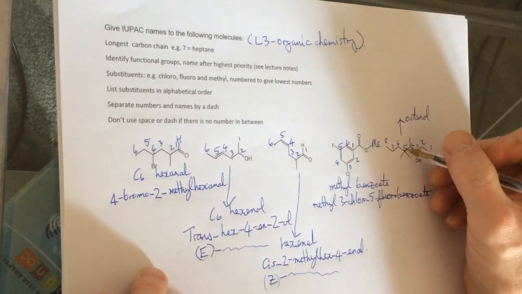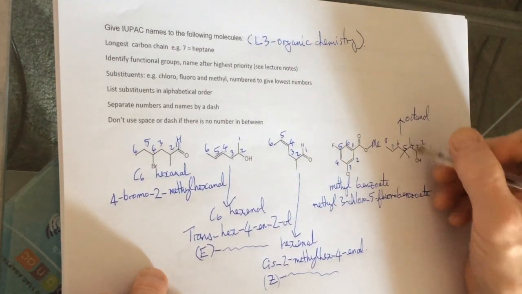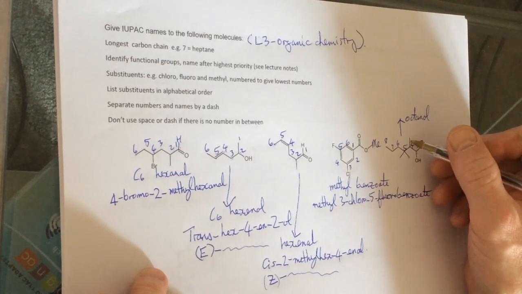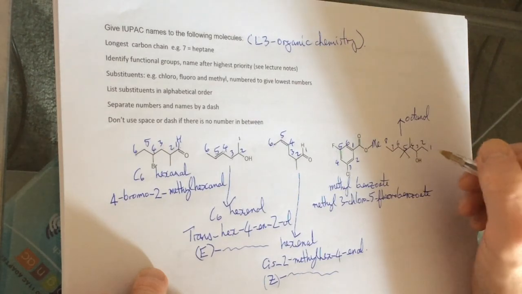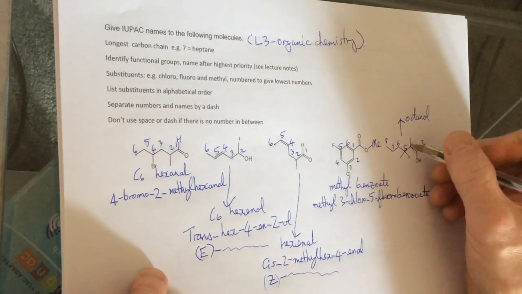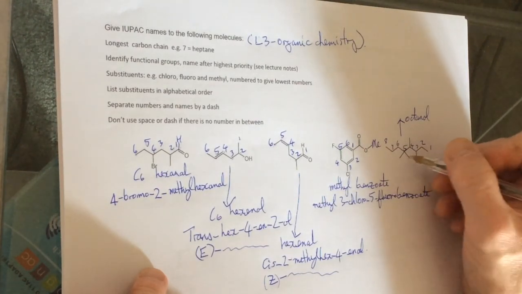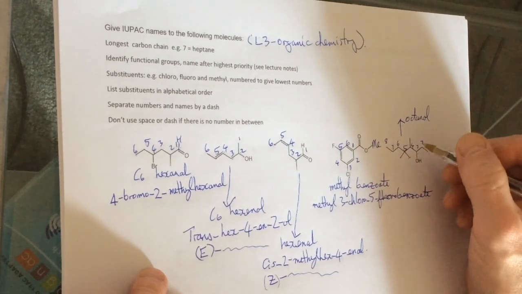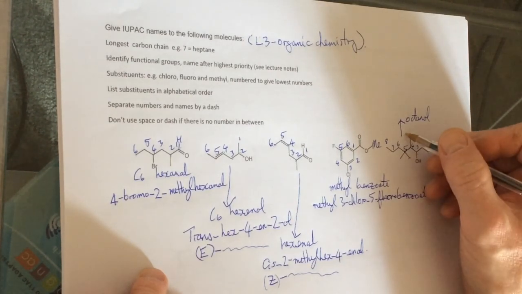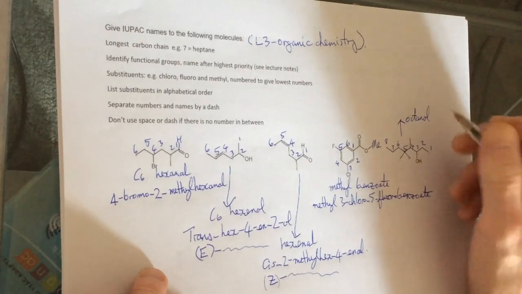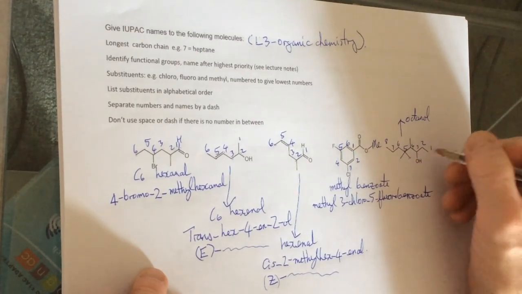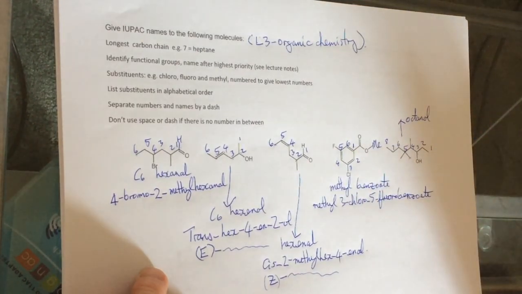There's 2 methyls, well, altogether 3 methyls, so it's going to be a trimethyl octanol. And then we have to say, where are these methyls attached? Well, one is at the 4 and 2 of them are at 5, so we actually say 4, 5, 5-trimethyl octan-3-ol to show where the hydroxy is.